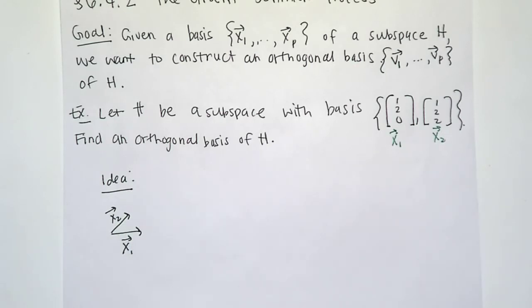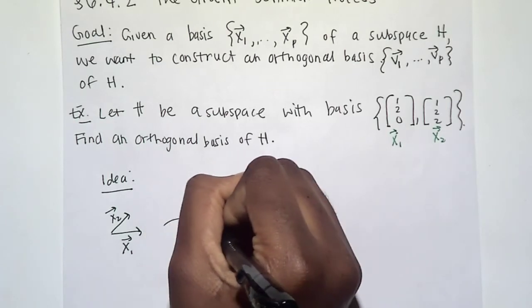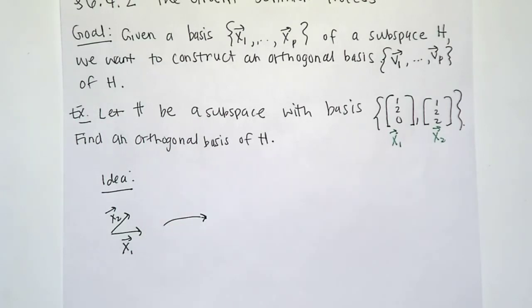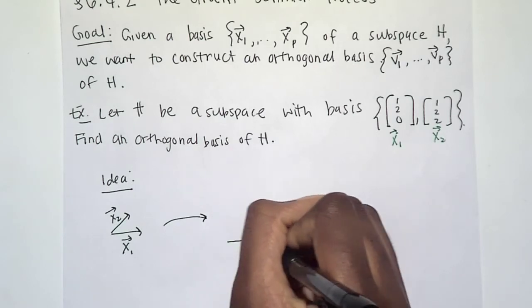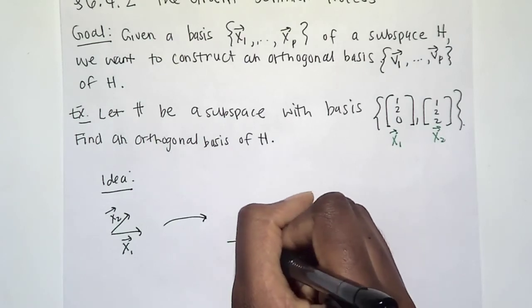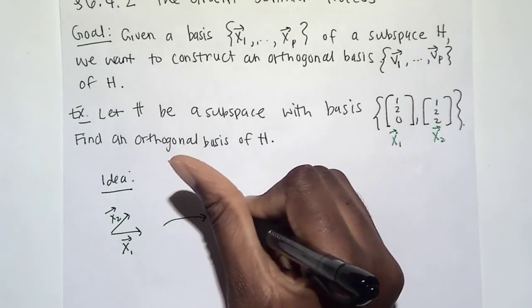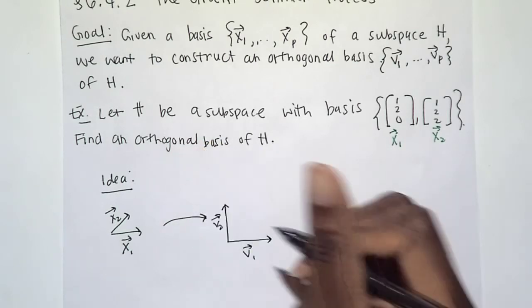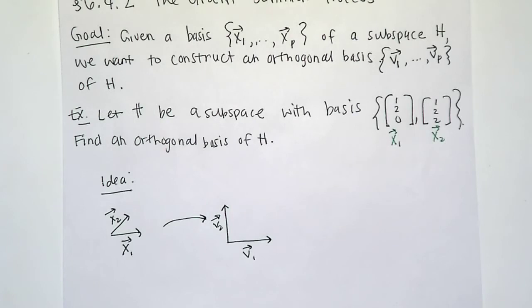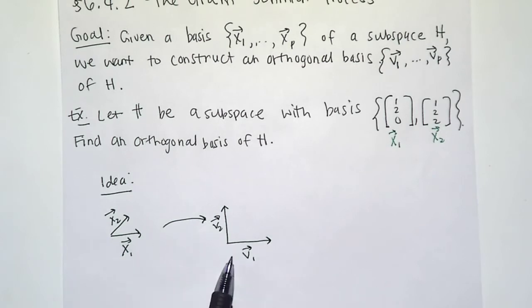And these two vectors form a basis for H. What we want to do is to transform them into V1 and V2, where V1 and V2 form a basis, but they're orthogonal. So how do we do such a thing? Well, I drew these specifically. X1 and V1 look the same. We're going to keep that.